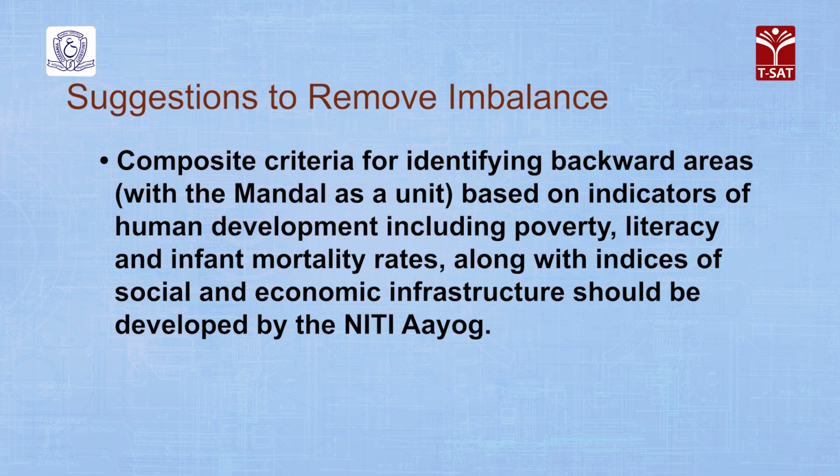Composite criteria for identifying backward areas, with the mandal as a unit, based on indicators of human development including poverty, literacy and infant mortality rates, along with indices of social and economic infrastructure, should be developed by the Niti Aayog.